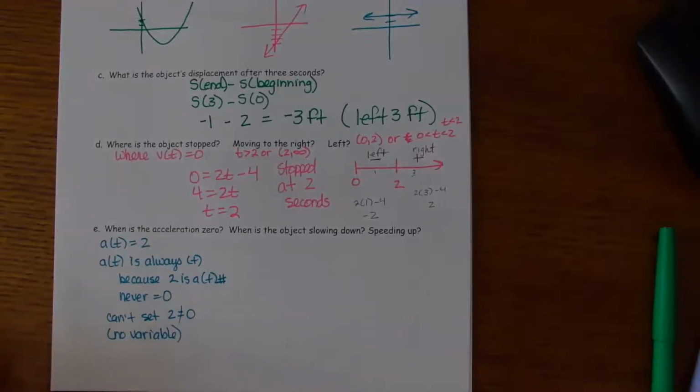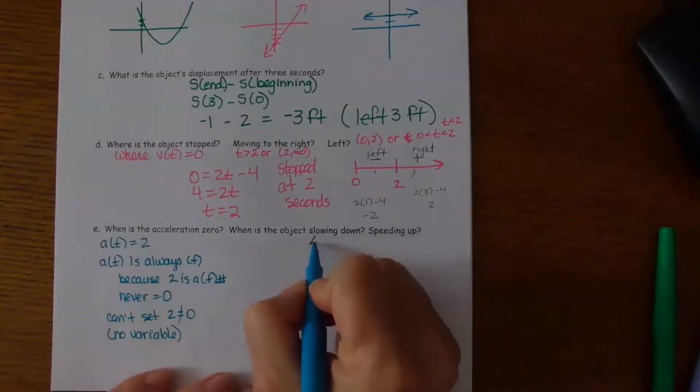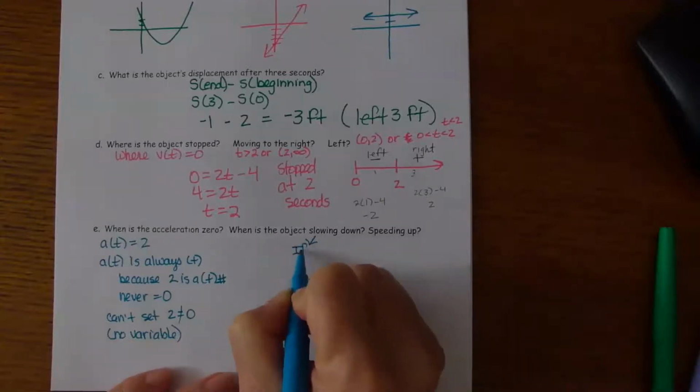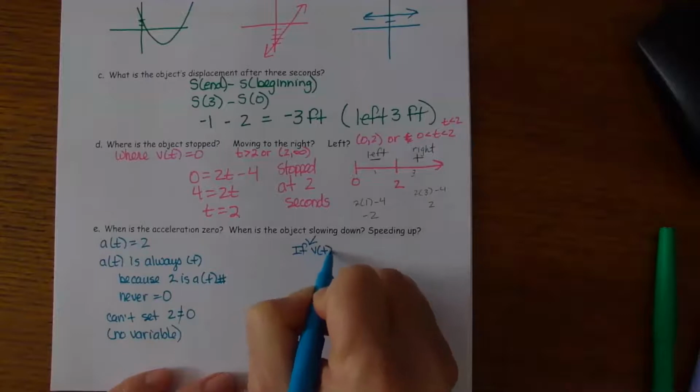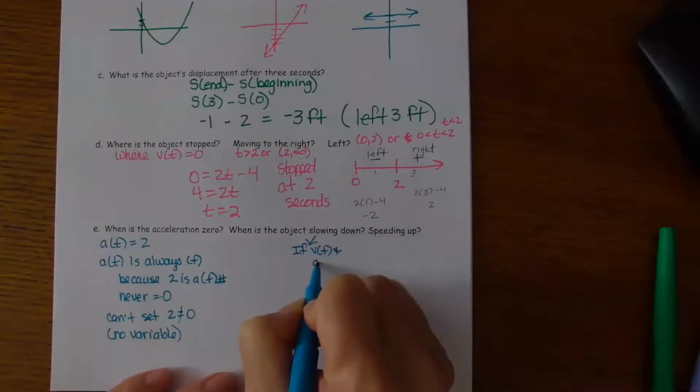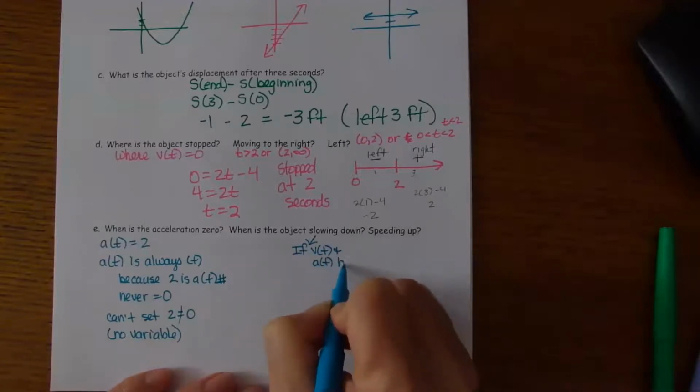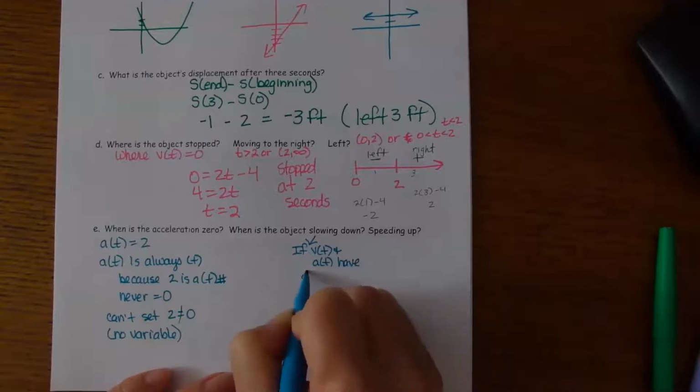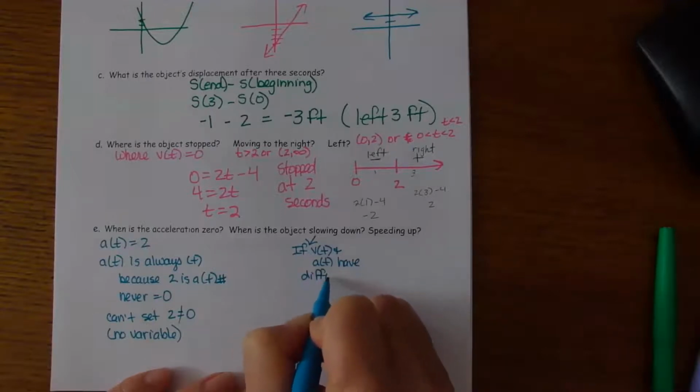It's just 2. So now how can we tell if an object is slowing down or speeding up? It's slowing down if velocity and acceleration have different signs.